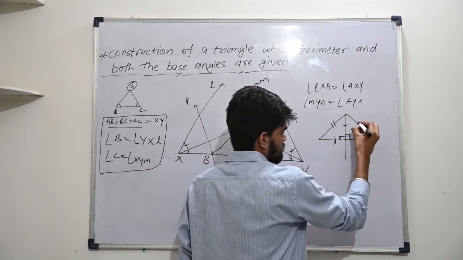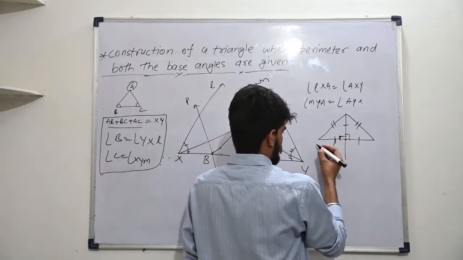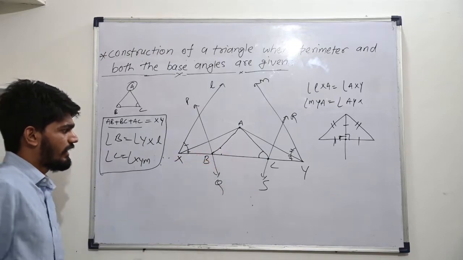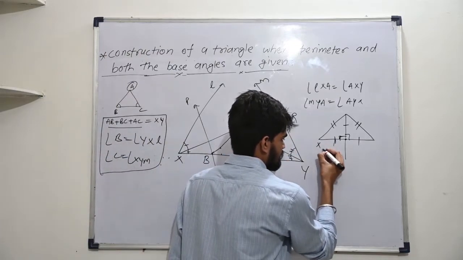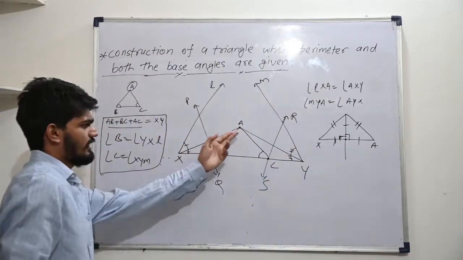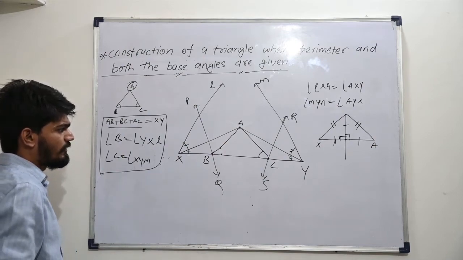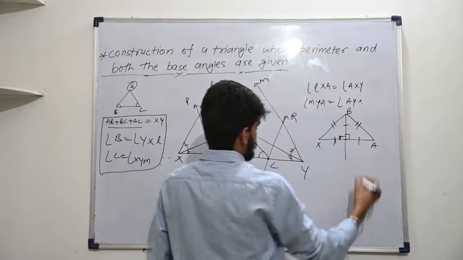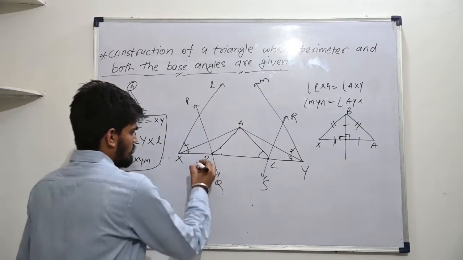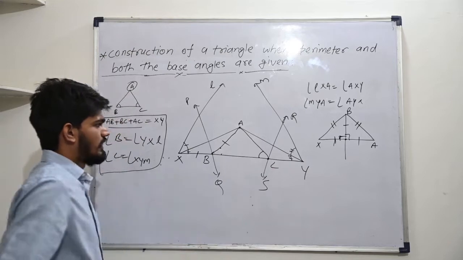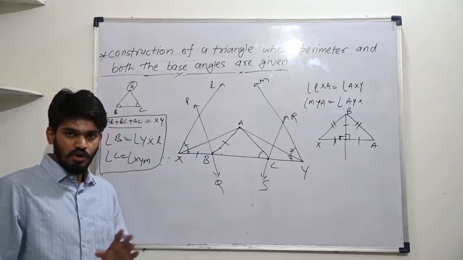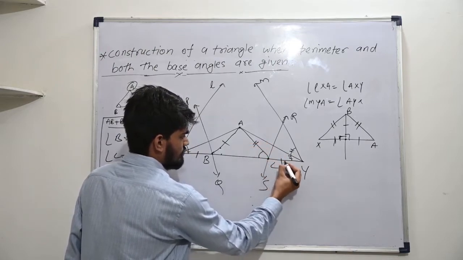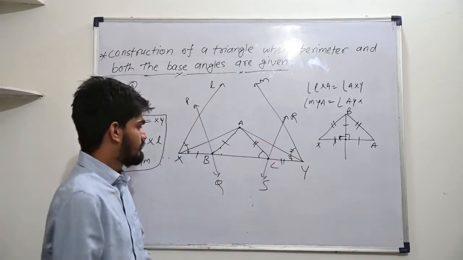So if I give it a name, in this case XA, I have drawn the perpendicular bisector of it, and let's say B is the point. So BX will be equal to AB. In the same way CY will be equal to AC.